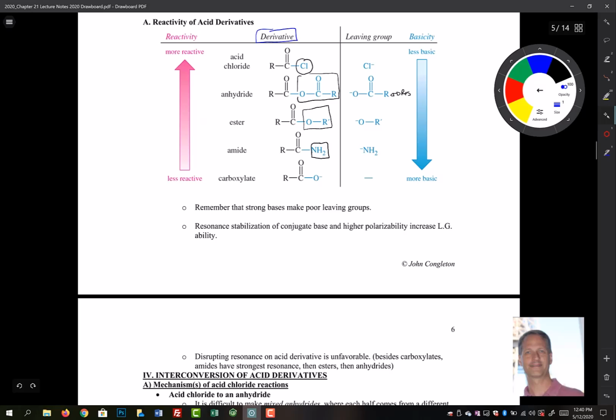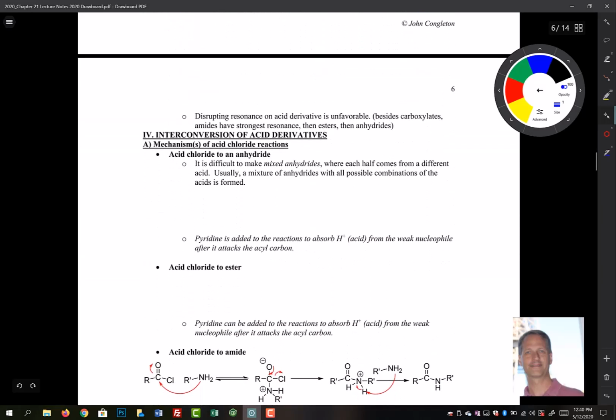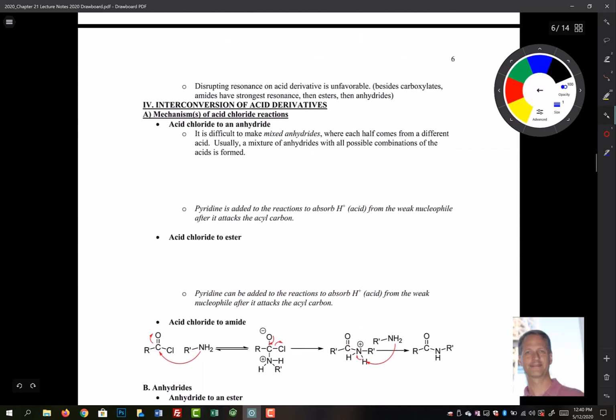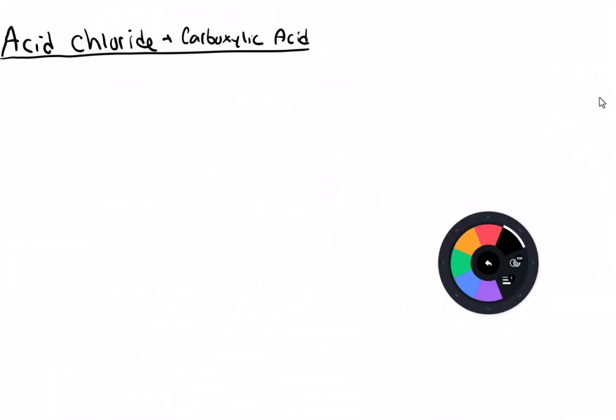Now, let's take a look at some of these reactions. You're going to see very quickly how similar they are to each other. We're going to start off by taking a look at an acid chloride reacting to form an anhydride. An acid chloride has this general structure, and a carboxylic acid, we all know, looks like this.